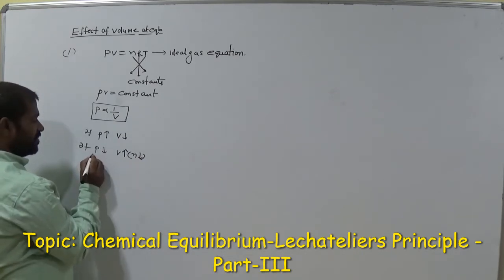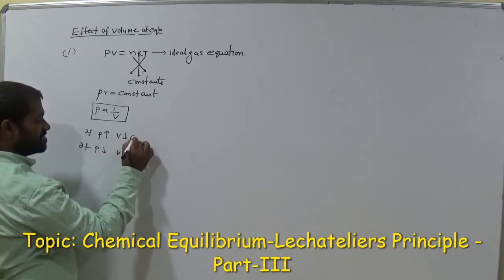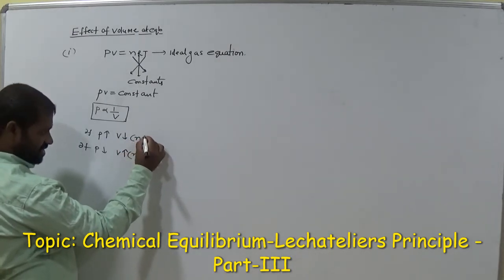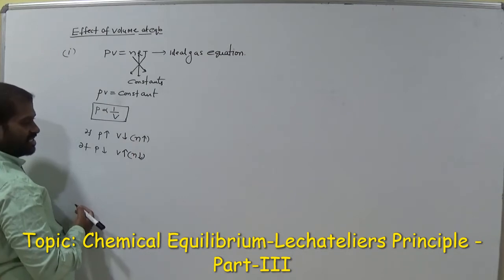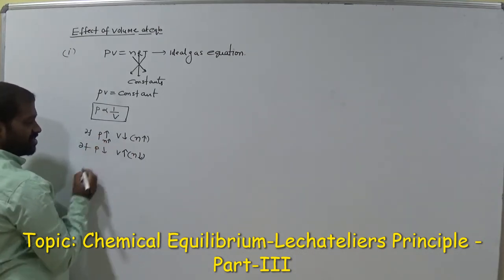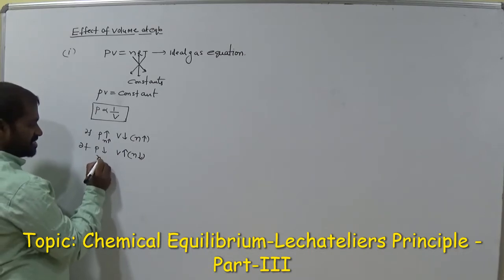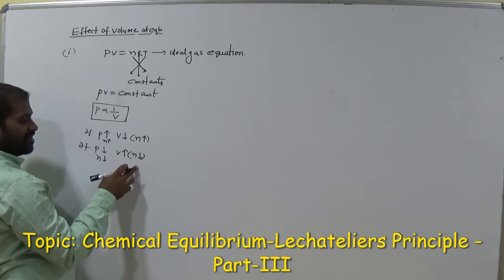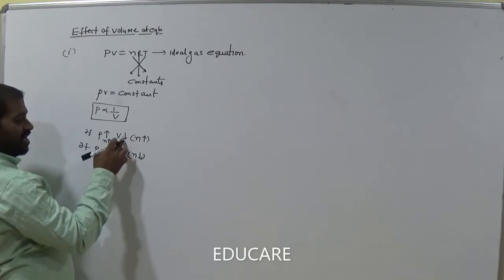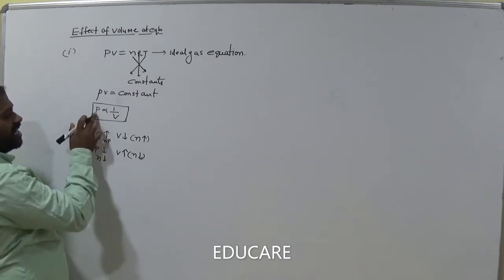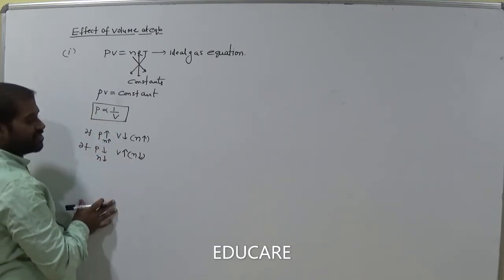Pressure increases, number of moles per unit volume also increases. Pressure decreases, number of moles also decreases. When volume decreases, the number of moles increases. So here clearly P is inversely proportional to the volume.